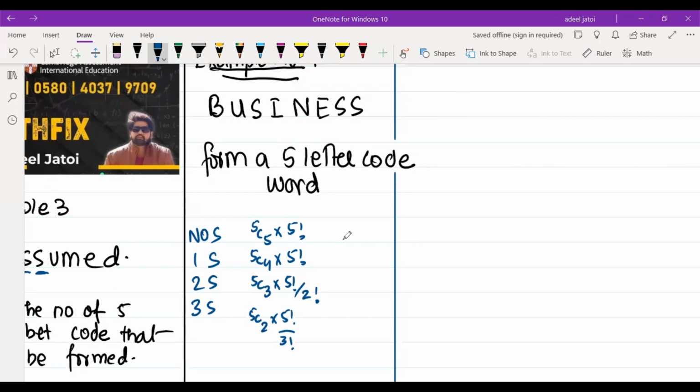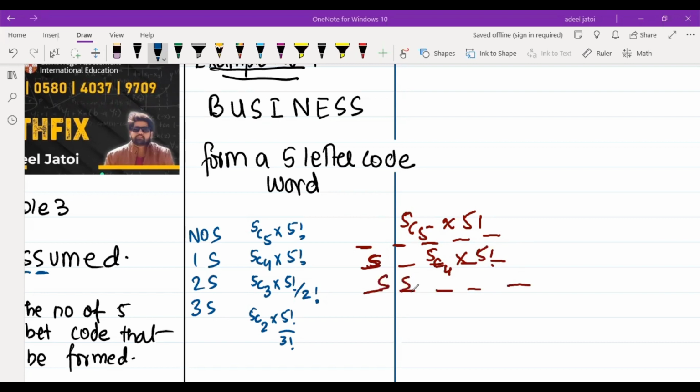Considering that we will have 5 alphabets and no S means 5C5 into 5 factorial, every alphabet will move. 1, 2, 3, 4, 5, all distinct, so obviously it will have no impact on the others, so it will be into 5 factorial. If we have 2 S's, now repetition of 2 S's is there: 5C3 into 5 factorial divided by 2 factorial because of the repetition of 2 S's.